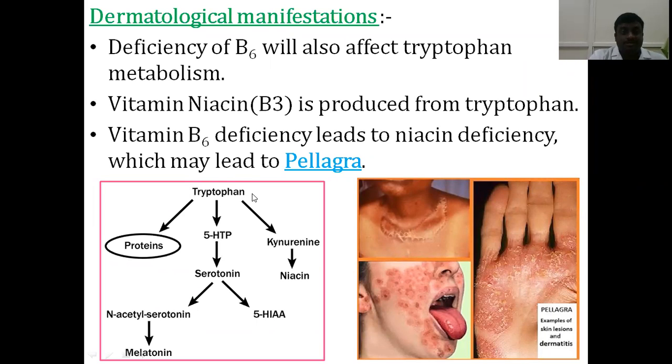When there is a reduced concentration of vitamin B6 in tryptophan metabolism, there is a chance of reduced niacin formation from tryptophan. So niacin concentration is directly related to vitamin B6. Okay, this is one functional manifestation.